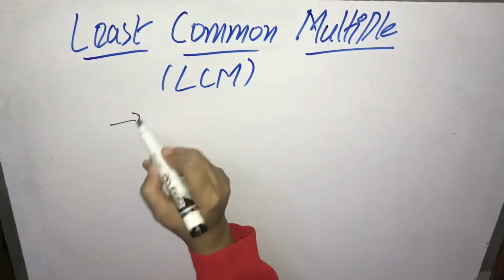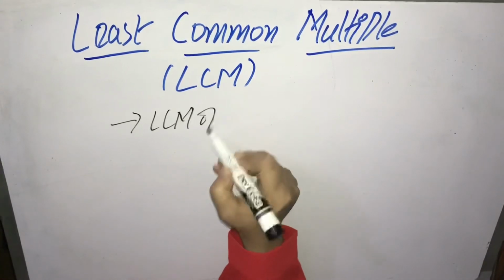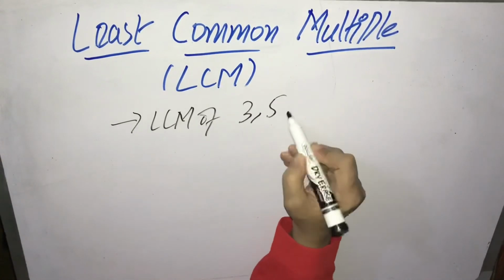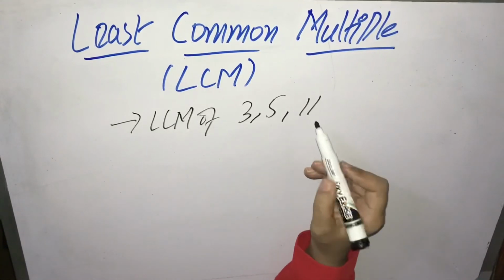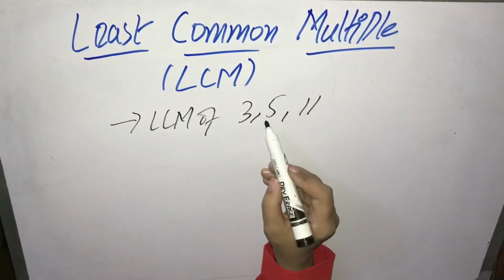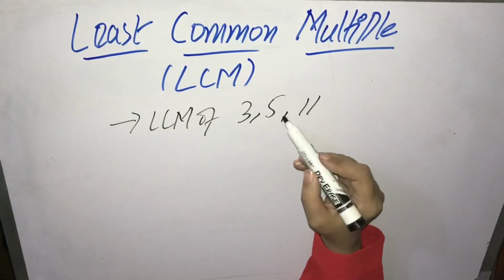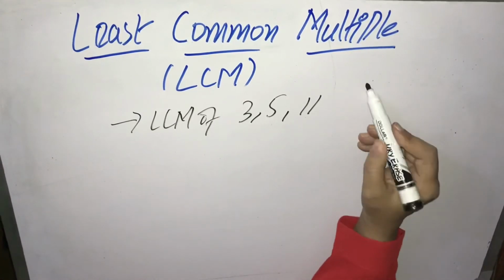If we have to find the LCM of 3, 5 and 11, you can see the LCM of prime numbers is their multiple. If we find the multiple of 3 and 5, this is 15.